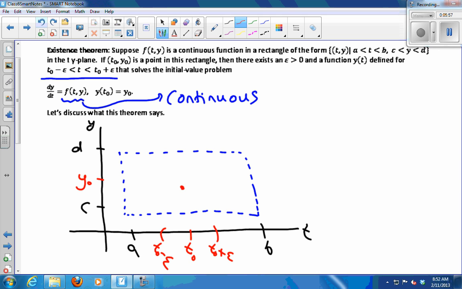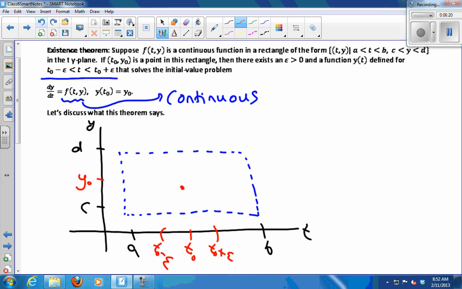So that's what this part says. We're making this interval around t naught. And the theorem guarantees that for some interval, it could be very, very small, but there is some interval around t naught where the function y of t that solves the initial value problem exists.